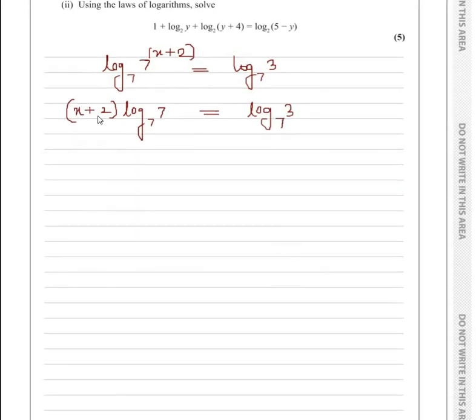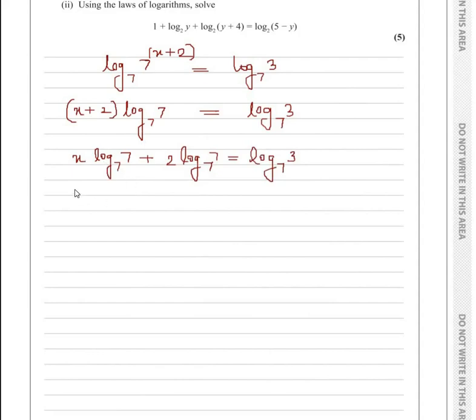Now we are going to expand, distribute the brackets. So it becomes x log 7 to the base 7 plus 2 log 7 to the base 7 equal to log 3 to the base 7.